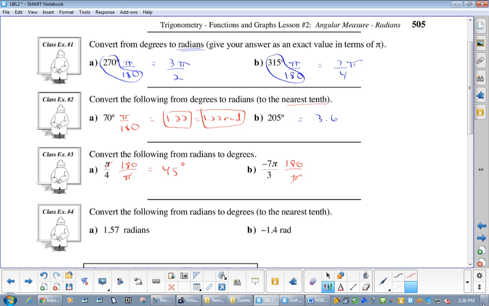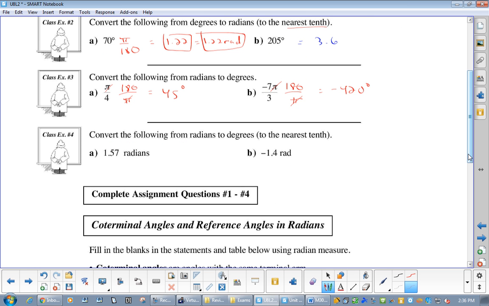Okay? Now these here, the pi's cancel. You'll go -7 times 180, divide by 3, and you'll get -420 degrees. Okay? Now, this is almost like a juxtaposition, because 1.57 radians, radians are so exact that you gave me this rounded number, right? So you'll never see this in real life.